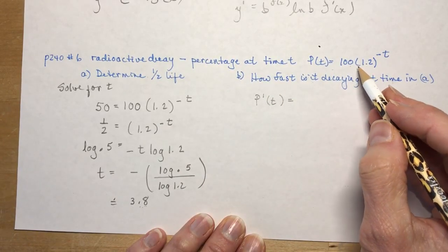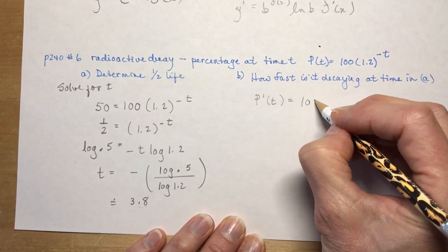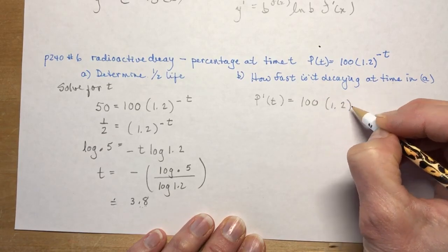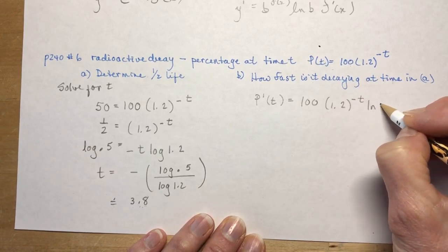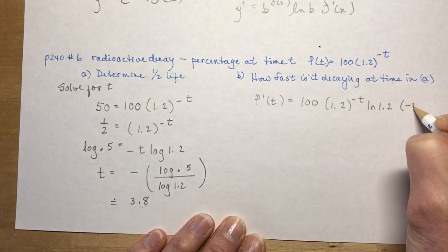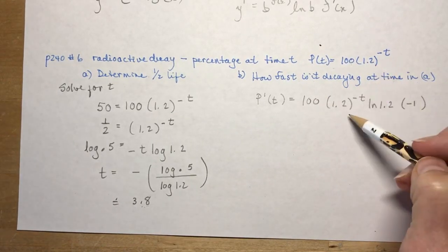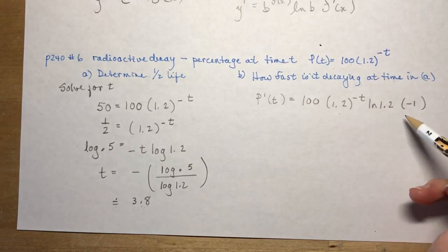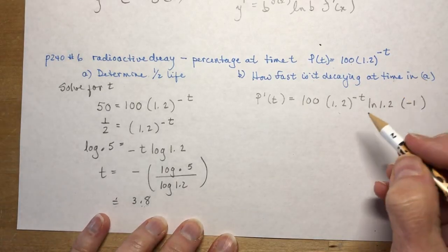So the derivative of 100 times 1.2 to the minus t is 100 times 1.2 to the minus t ln 1.2 times minus 1. Okay, so we had to keep the 100 in there, but we do the 1.2 to the minus t ln 1.2, so the ln of the base, and times the derivative of the exponent.